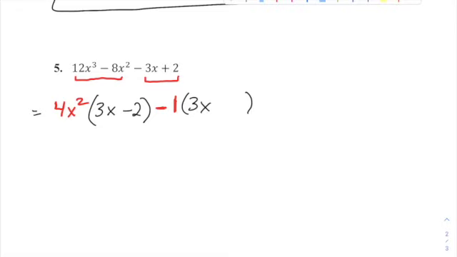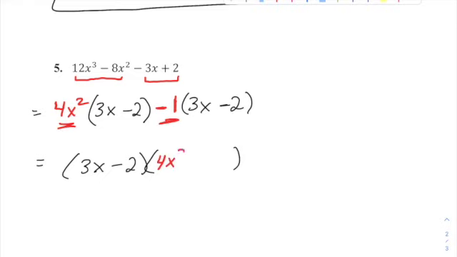That would be 3x, and negative 1 times negative 2 will give you that positive 2 you're looking for, which is kind of what you want anyway, because you know with grouping, if it works, you're supposed to get the same quantity here and here, so that I can then factor out that common quantity of 3x minus 2, and the other quantity is made up of those coefficients, 4x squared minus 1. Again, the order doesn't matter there if you like to put the 4x squared minus 1 first.